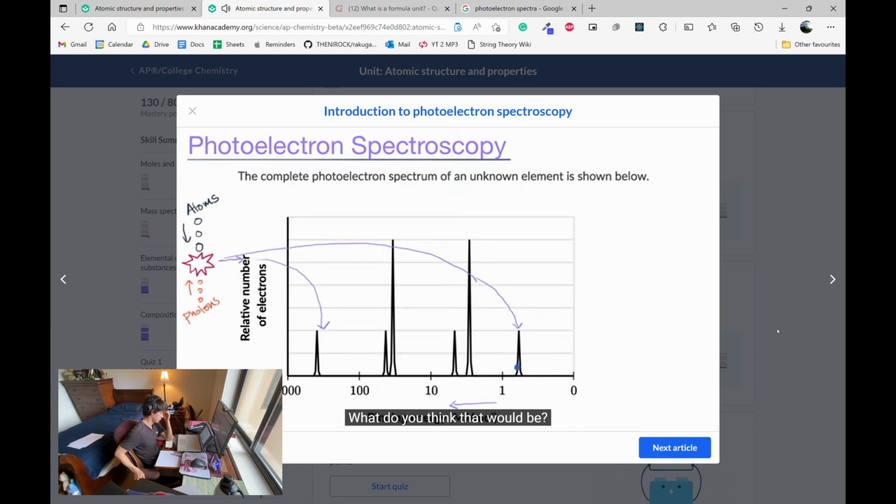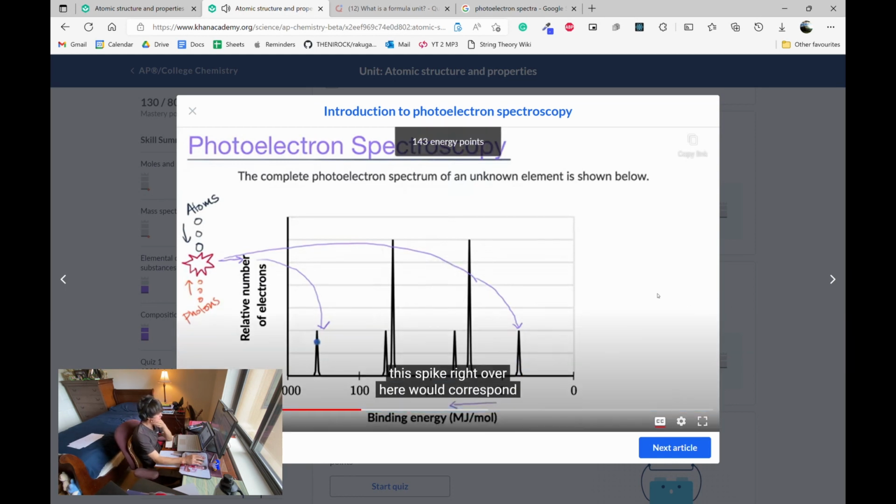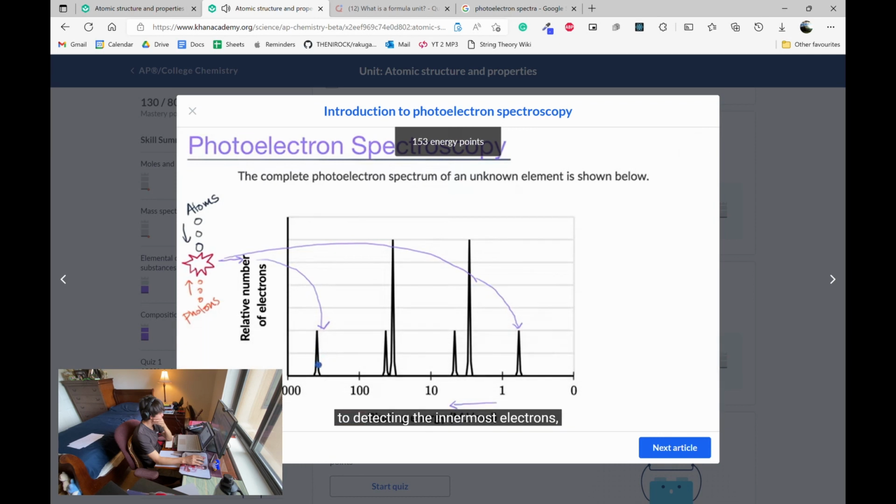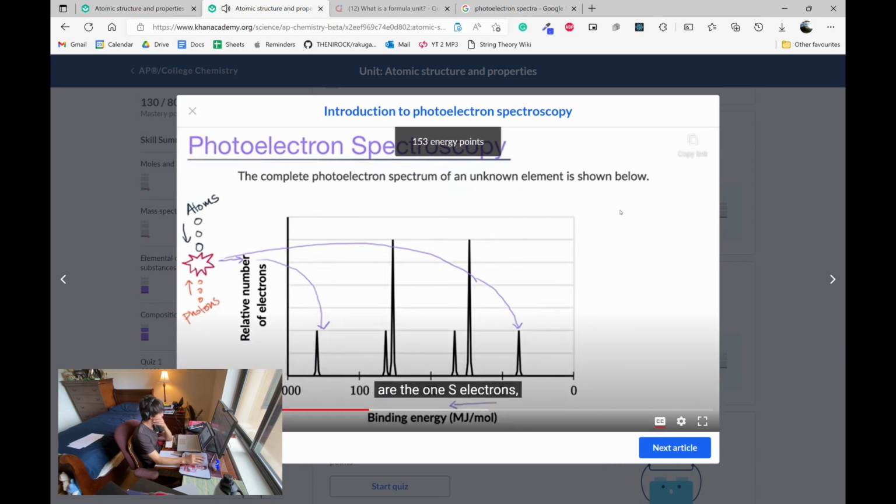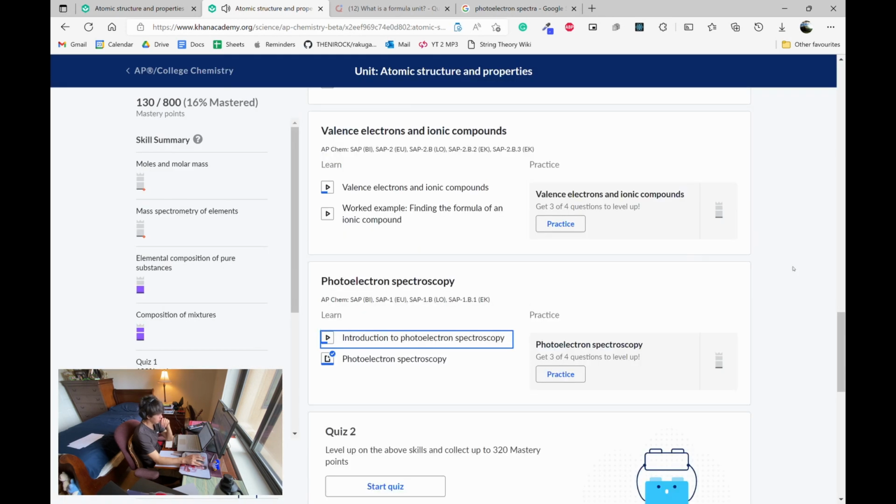I see. Okay, I get that. The binding energy of the electrons closest to the nucleus is the highest.